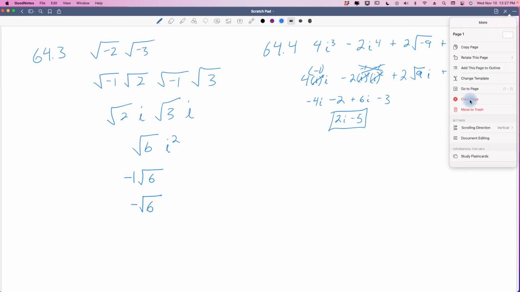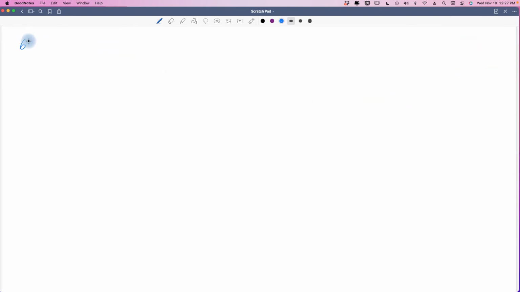Let's clear the page, and let's do 64.5 right here. And we have 4 plus 2i times 3 minus 2i. All right, we treat this just like any other variable. That's going to be 12. And then that's going to be negative 8i.